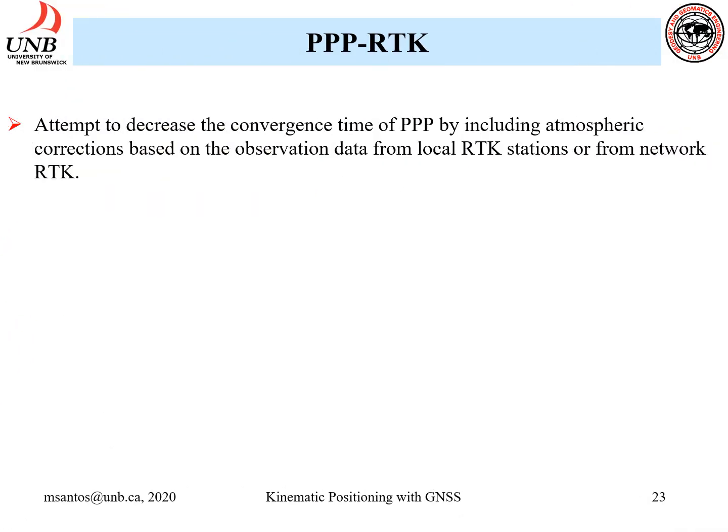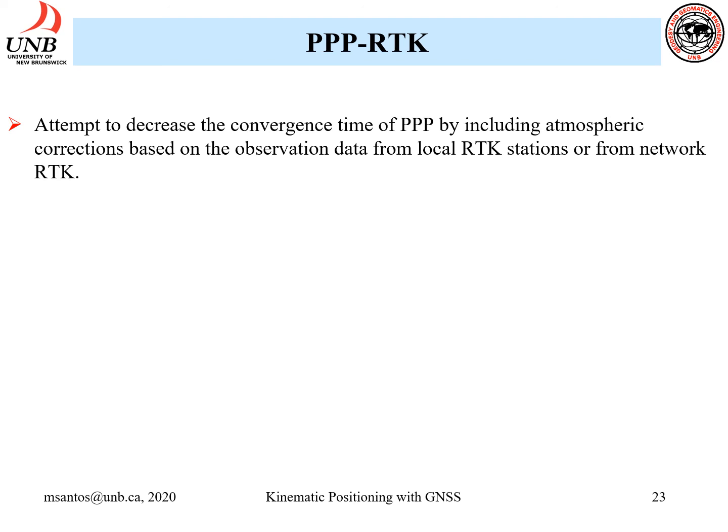There is also an attempt to use PPP with extra information. The big problem with precise point positioning is the convergence time. Now, with real-time kinematic, there is not really a problem with convergence time.